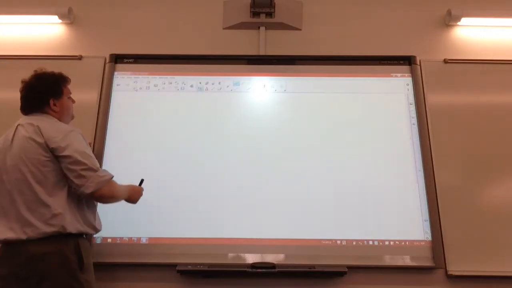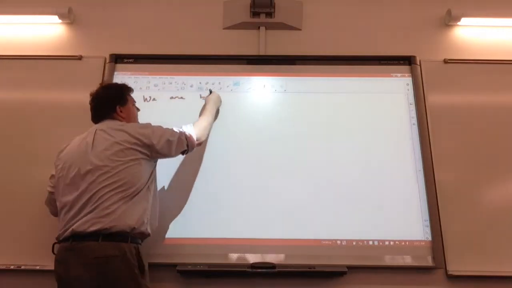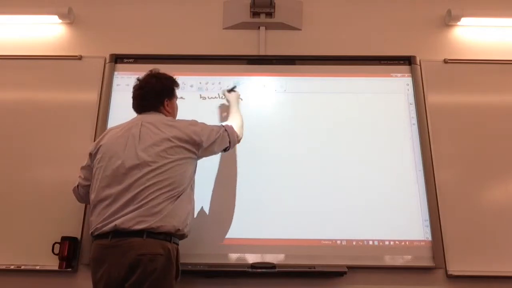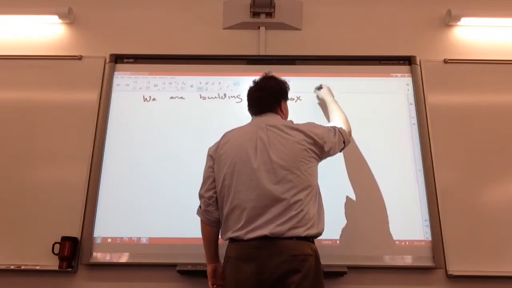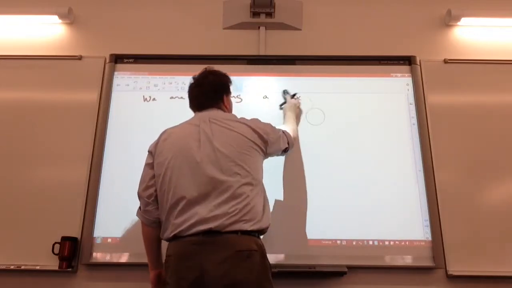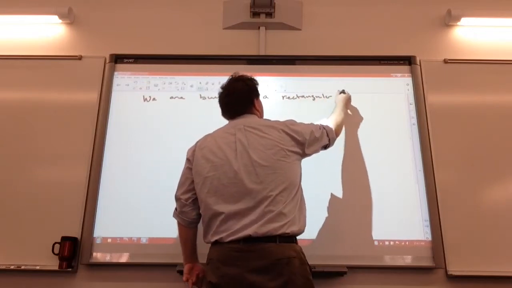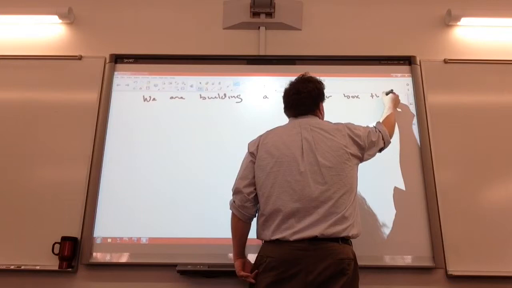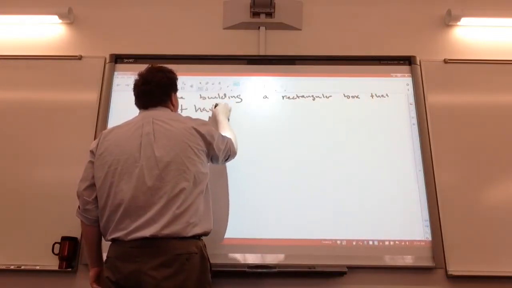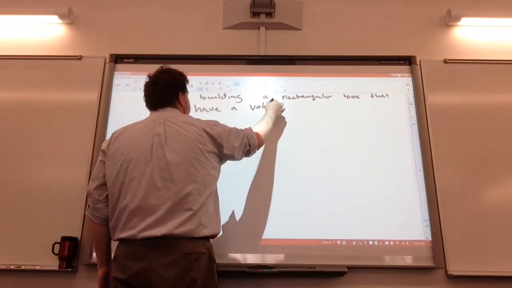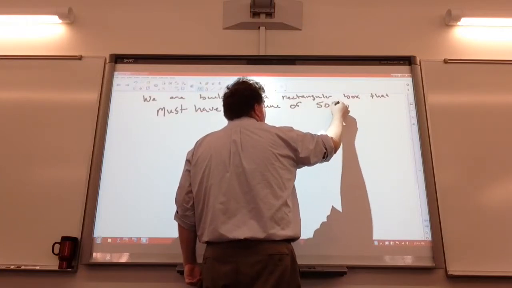Basically, we're going to build a box. This is a separate problem, a new example. A rectangular box that must have a volume of 50 cubic feet.